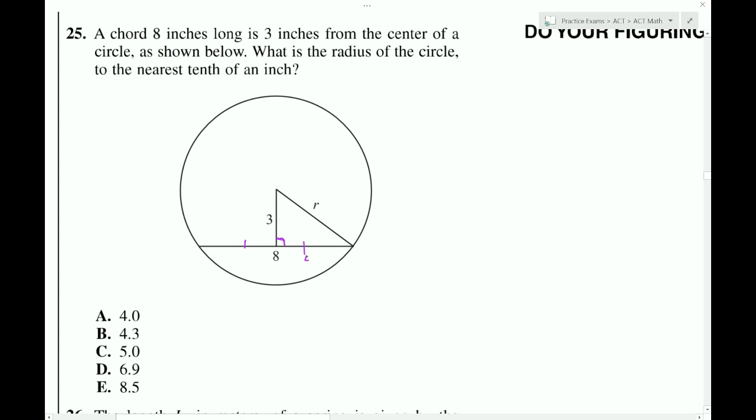So this is going to equal 4, right? So 3, 4. Your other side is going to be 5, if you know the 3, 4, 5 triangle. If you don't know that, you can use the Pythagorean theorem to figure that out. So 9 and 16, so square root of 25, which is 5. Okay. So anyway, the radius should equal 5.